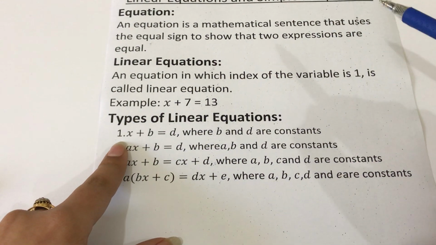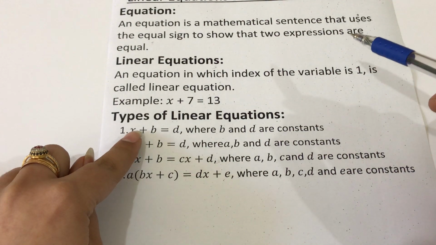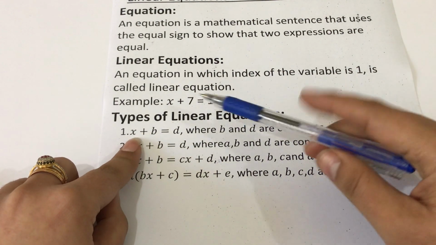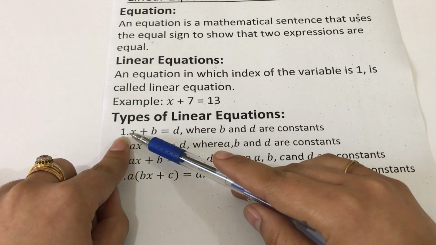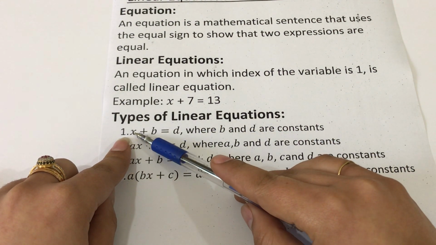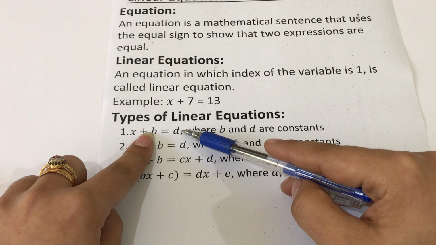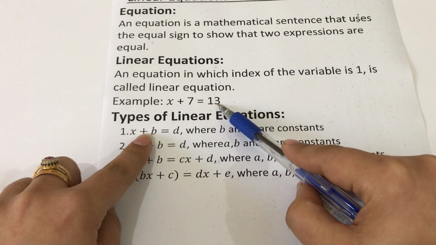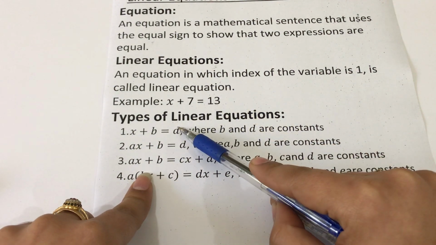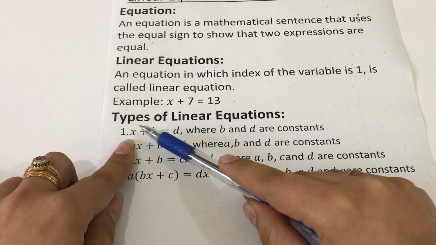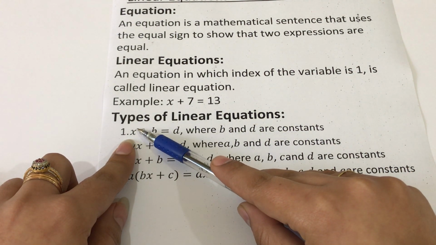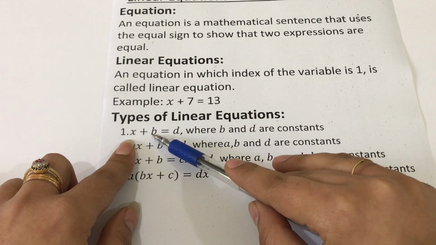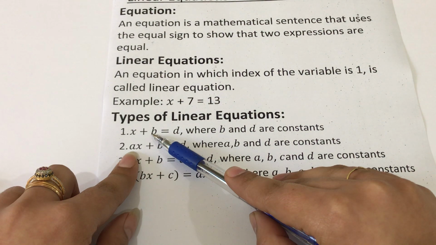This is basically the form of an equation. Your first form of the equation would be like this. That means there would be a variable and 2 constants, right? For example, x plus 7 is equal to 13. This is the equation of first form, right? And you can see there is no index on variable x. That means this is a linear equation.